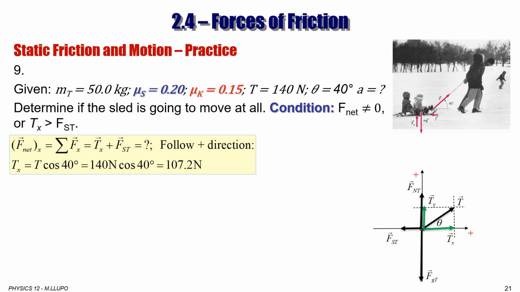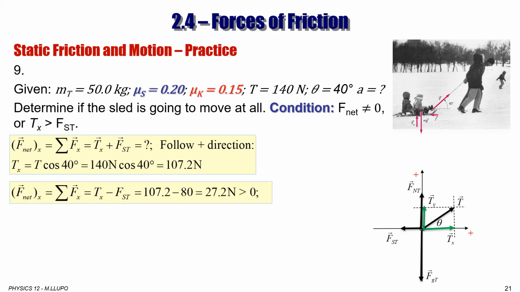So Tx is equal to T cosine theta, which is 40 degrees, times 140 Newton. Cosine 40 is equal to 107.2. Then we can say Tx is positive and Fst is negative.